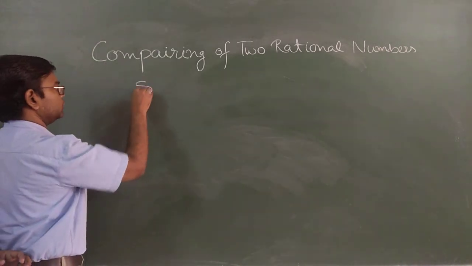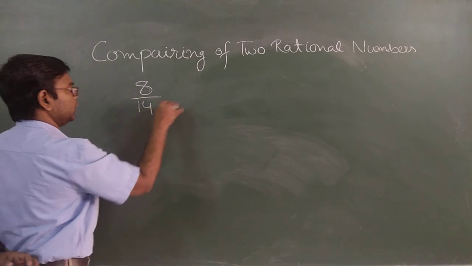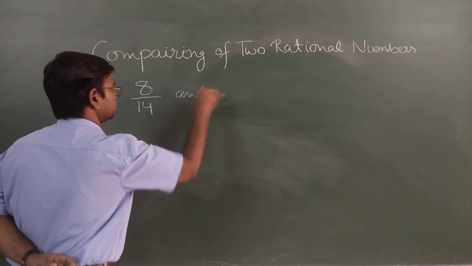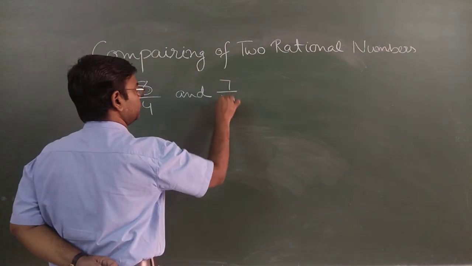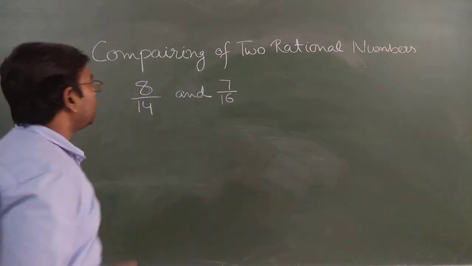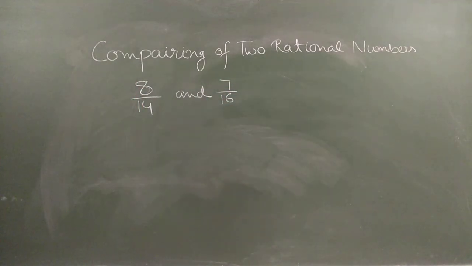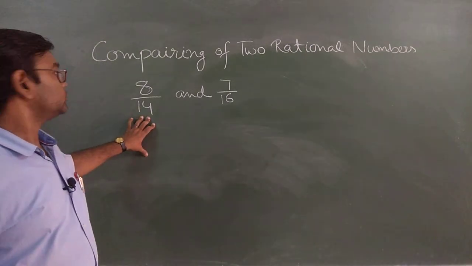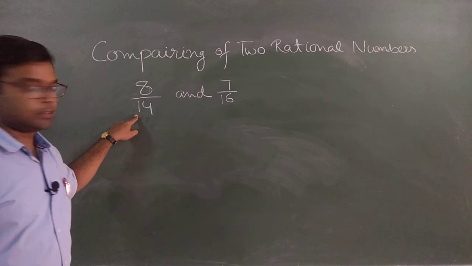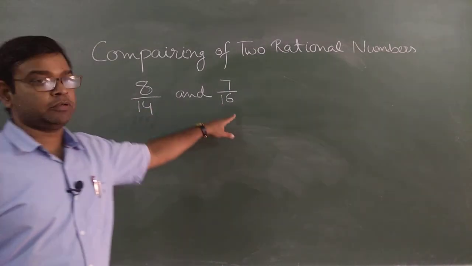I am taking from the book, 8 upon 14 and 7 upon 16. We have 2 different rational numbers. How do we compare which one is greater and which one is smaller, or whether they are equal or not? See, in this case 8 upon 14 and 7 upon 16.